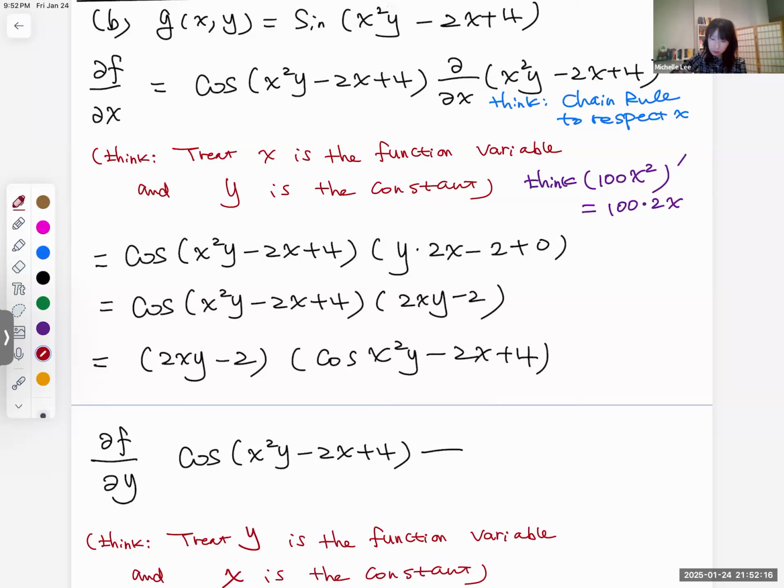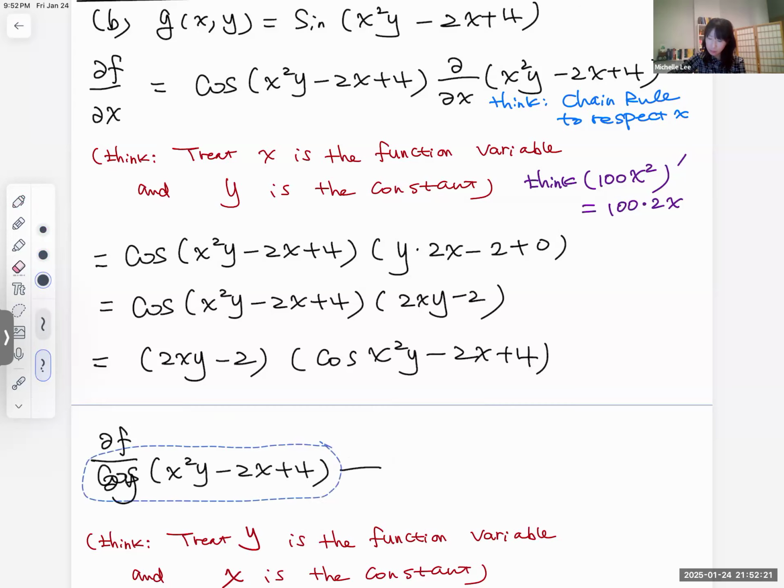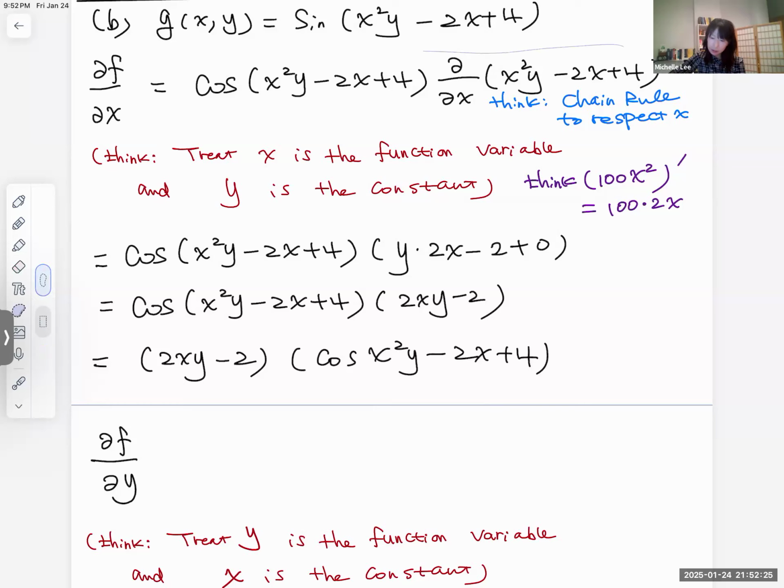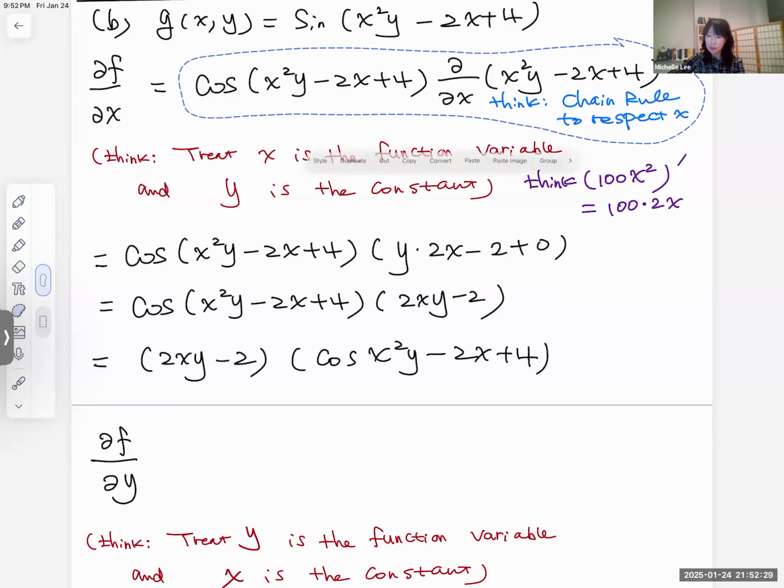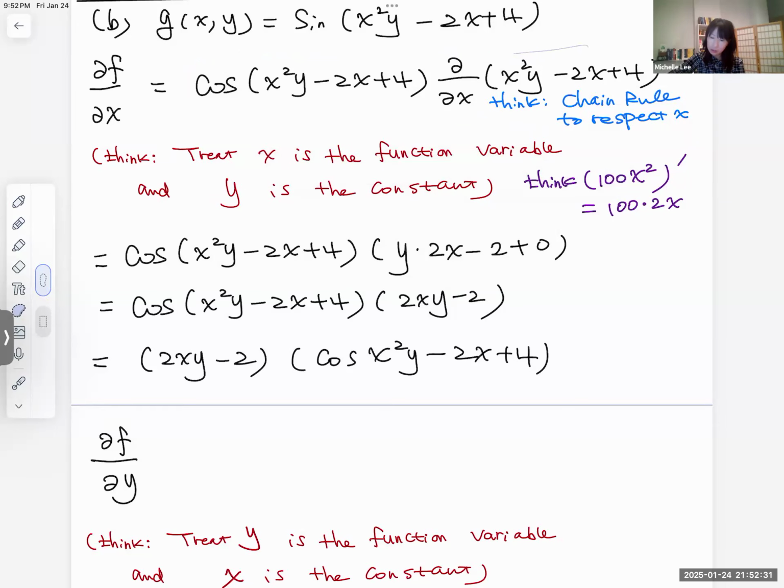We should copy everything. Copy everything.